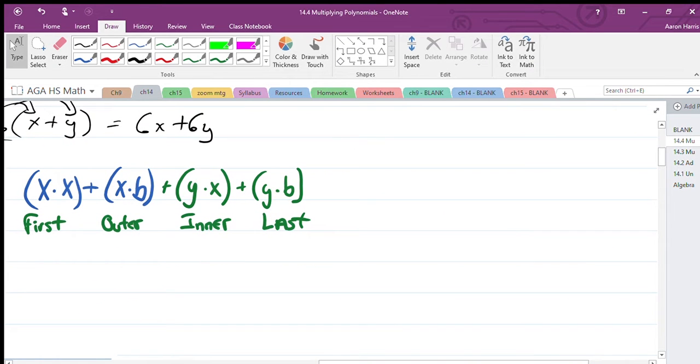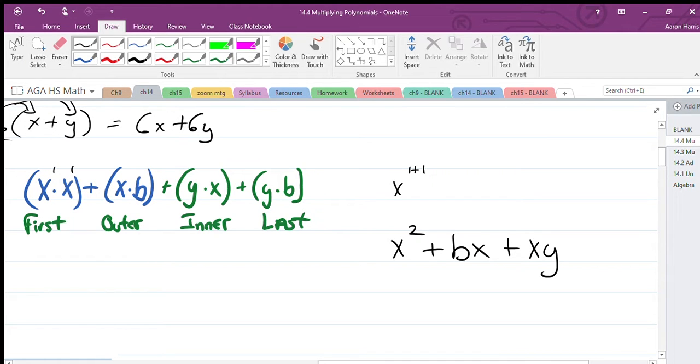Now I can simplify these, and I'll do that for you just so we know what that is. This is a power 1, this is a power 1. What did we say about when we multiply the same variable times itself? We have x, 1 plus 1. So that is x squared. This one, x and b, I'm just going to put it in alphabetical order, so bx. This one, y times x, in alphabetical order, so that's xy.